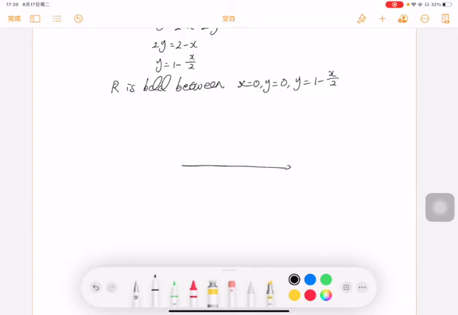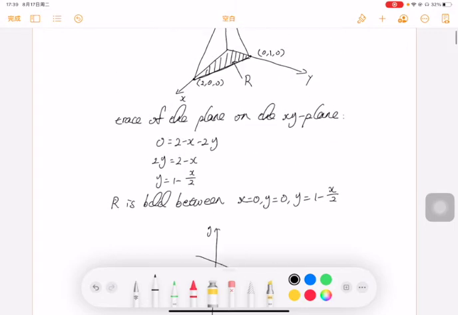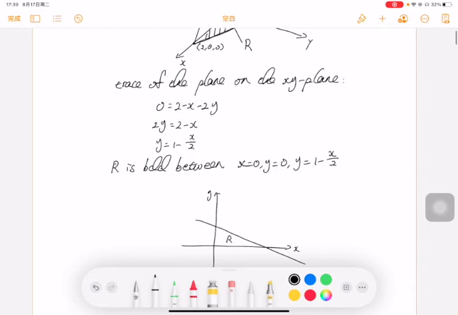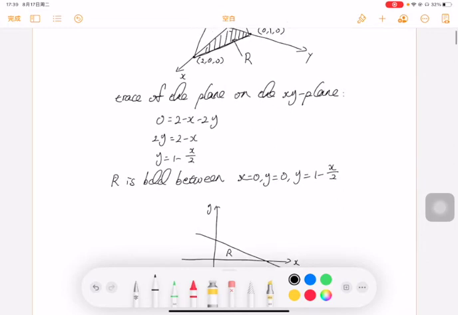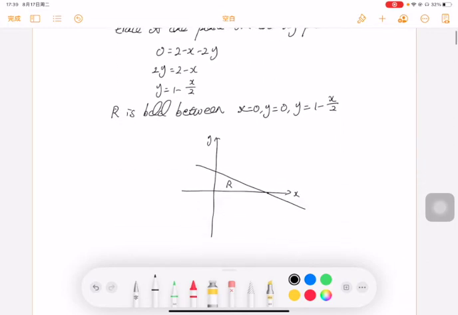This is y equals 0. And y equals 1 minus x over 2 should look something like this. It's x equals 2 and y equals 1. And here is R, this is the x-axis, this is the y-axis. So this shaded region on the xy plane, if we draw it out in a two-dimensional coordinate system instead of a three-dimensional one, then here's the representation for it.